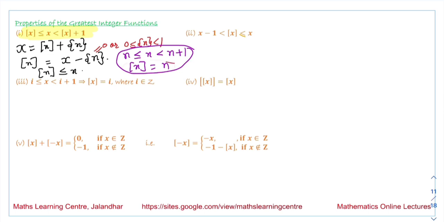So we can just consider it like this: greatest integer of x is equal to n, and the inequality given over here, these are representing the same thing.